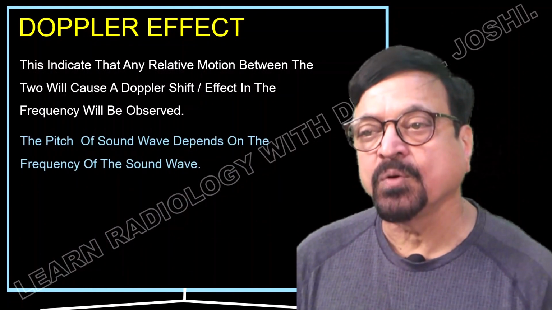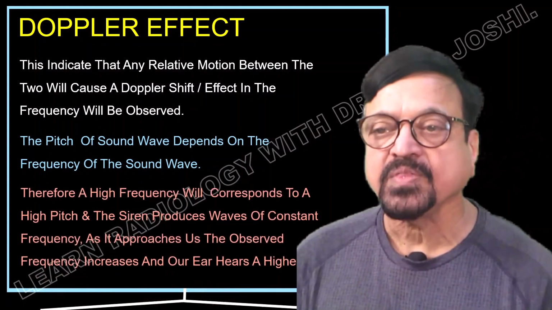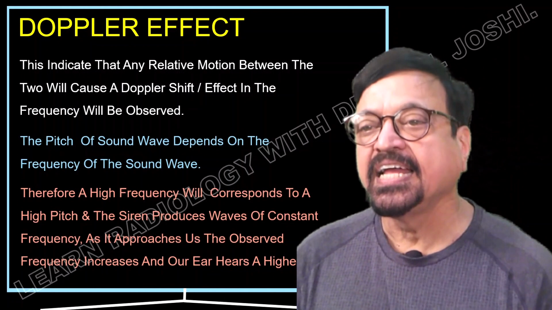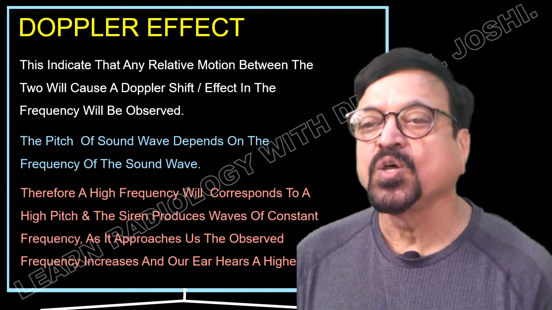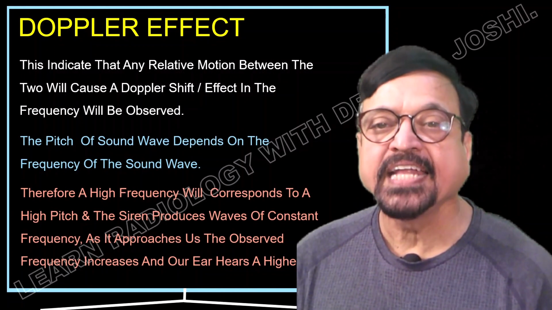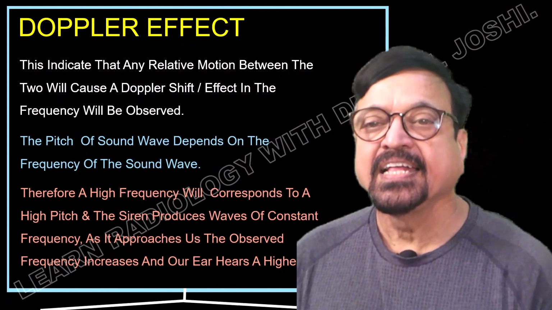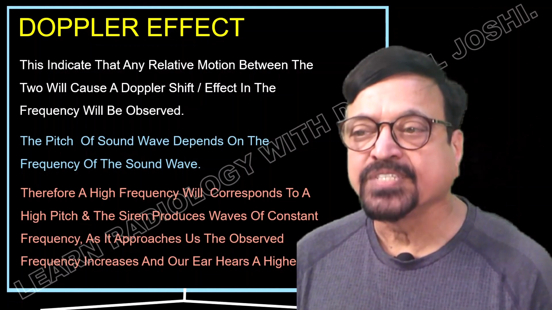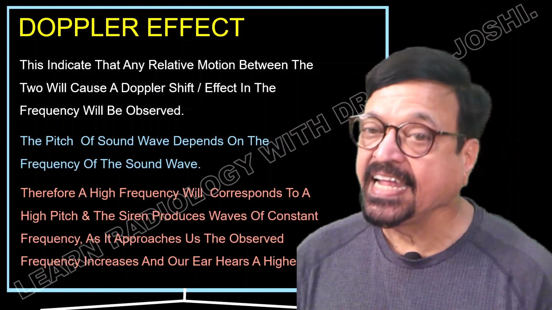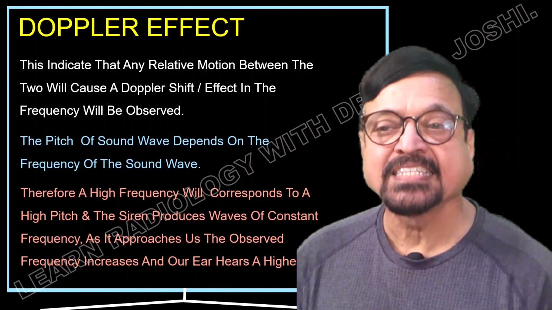The pitch of the sound wave depends on the frequency of the sound wave. Therefore, a high frequency corresponds to a high pitch, and the siren produces waves of constant frequency. What is the important thing? Though the ambulance siren is producing sound waves of the same, consistent frequency, the observer is hearing it at different frequencies, sometimes high and sometimes low.